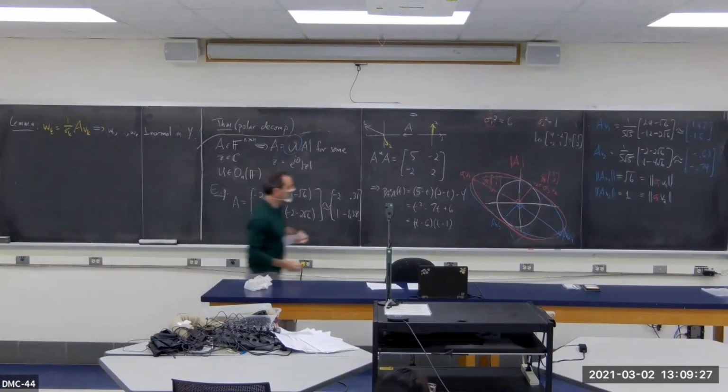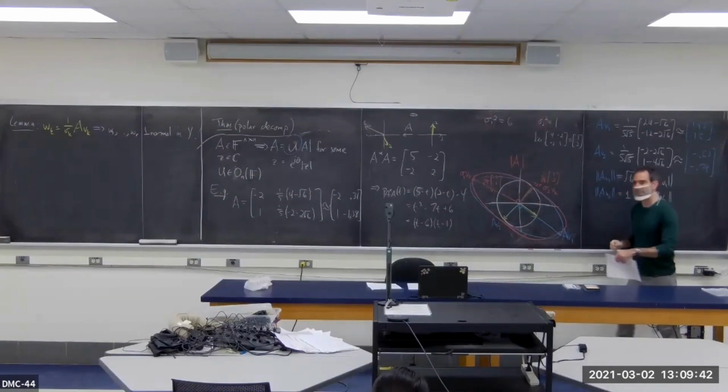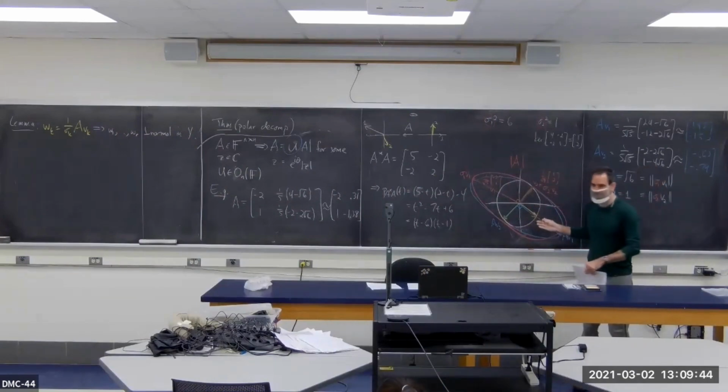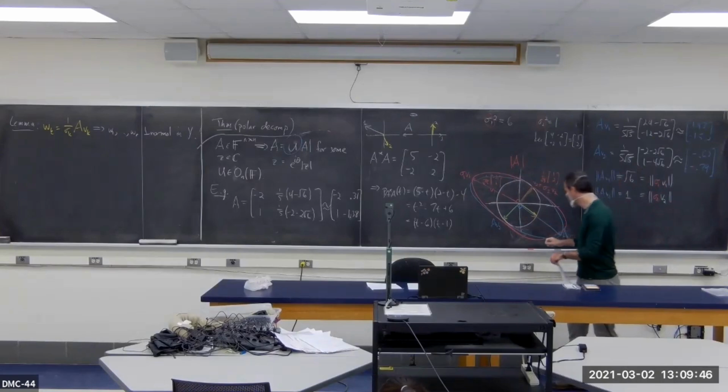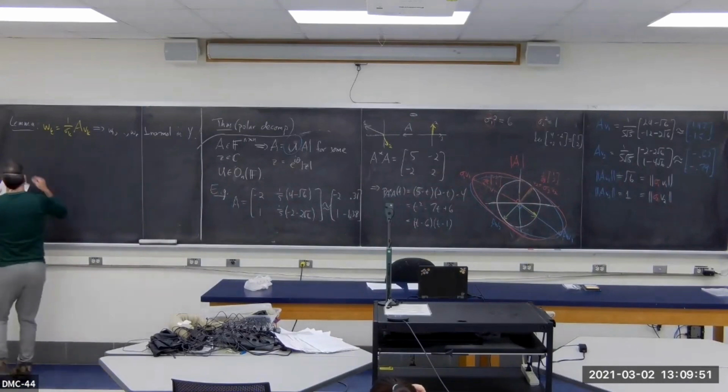Where are these vectors? It's these things. It's going to be 1 over sigma times the A v's. That's this one. And we already know that by looking at the picture, right? So the proof is going to be similarly simple. It's just a little check.